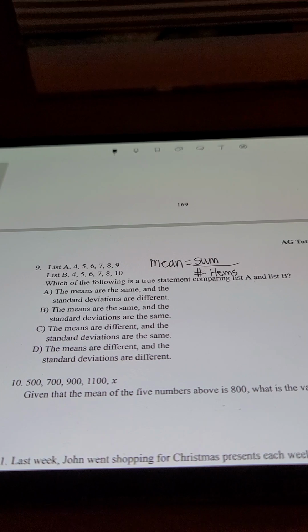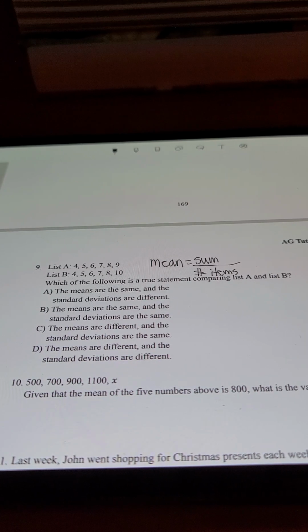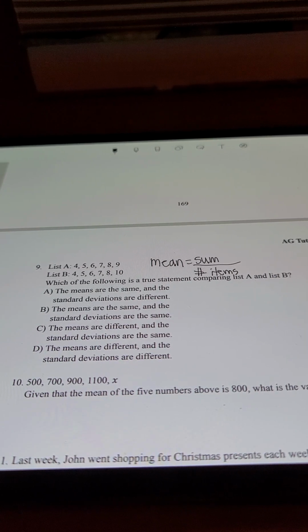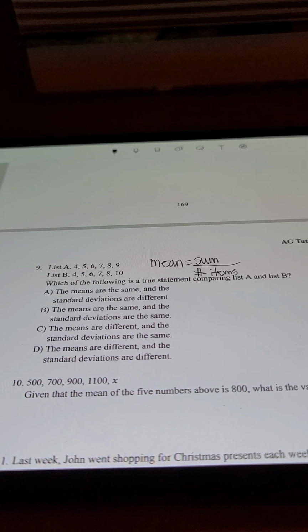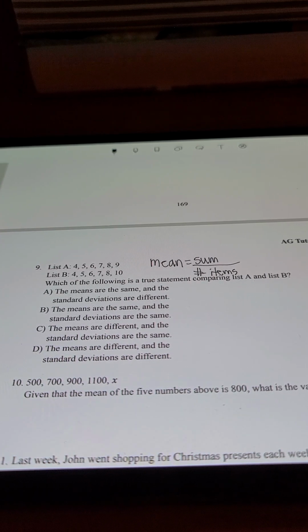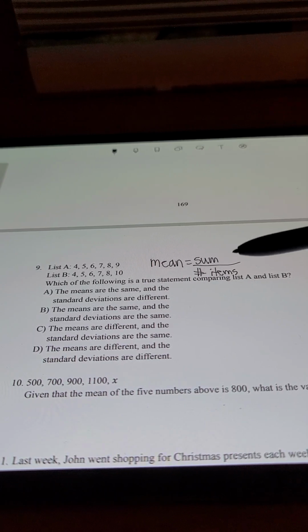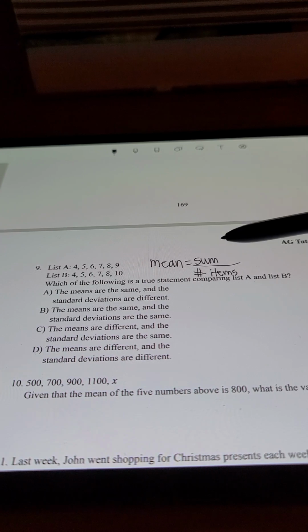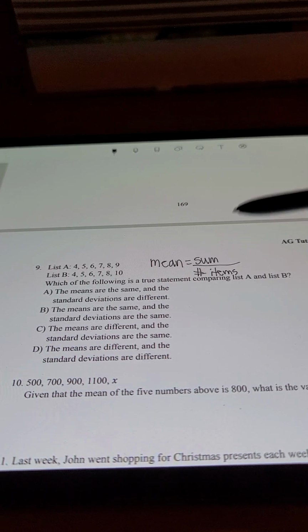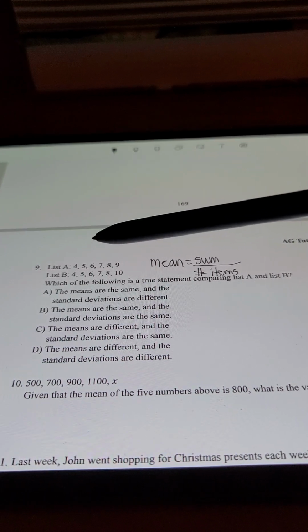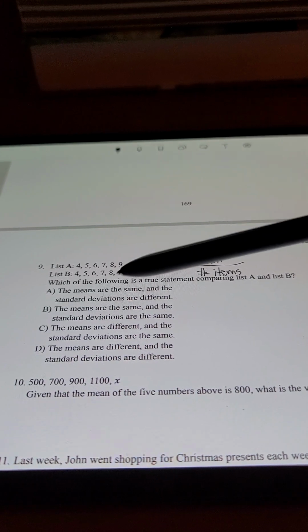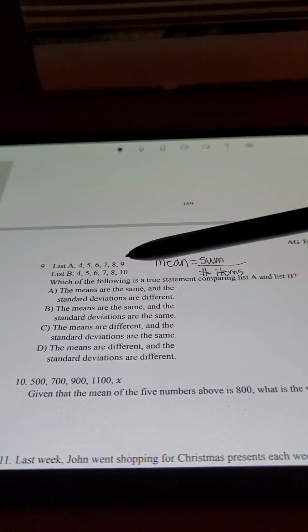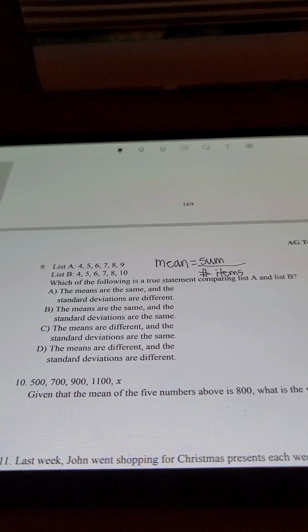Okay, pause to read number 9 if you haven't already. So remember, mean is the sum divided by the number of data points, which is sometimes referred to as the number of items in your list. So we have the same number of items in list A and list B. So the number on bottom is going to be the same, but the sum is going to be different because every single number is the same except for this last number right here: list A has a 9 and list B has a 10.